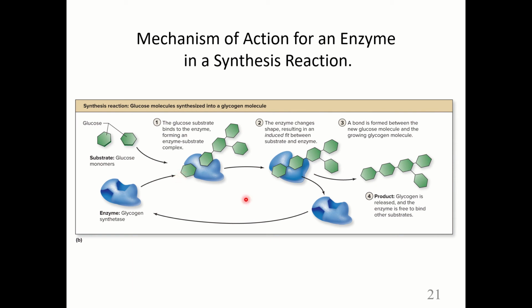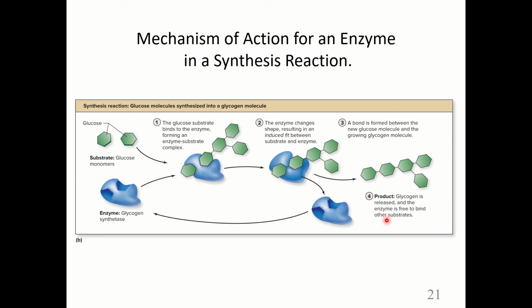Remember, when the enzyme-substrate complex is engaged, the reaction can occur. In step 2, the enzyme changes shape, resulting in an induced fit between the substrate and the enzyme. In step 3, a bond is formed between the new glucose molecule and the growing glycogen molecule.